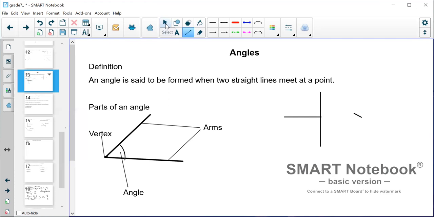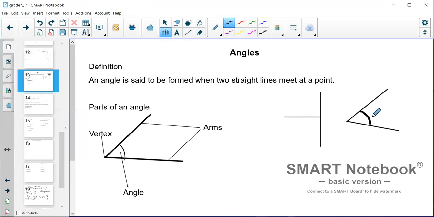Now, what is not explained is that as much as two straight lines are meeting at a point, you wouldn't have just one angle, right? As a matter of fact, you have two angles being formed there, right? For example, when these two meet at a point, you have two angles being formed, right? One is on the inside and another one is on the outside.